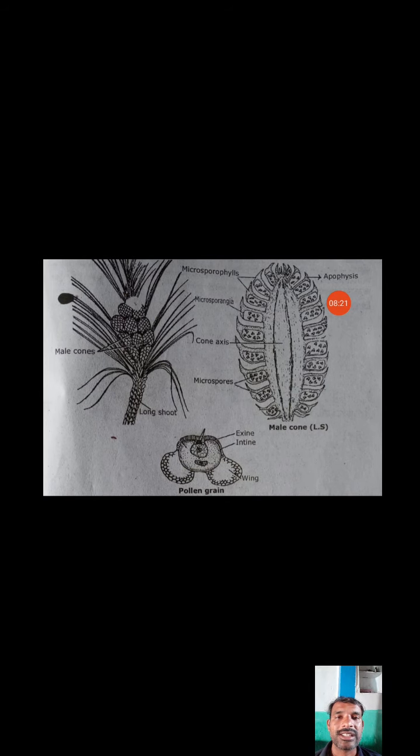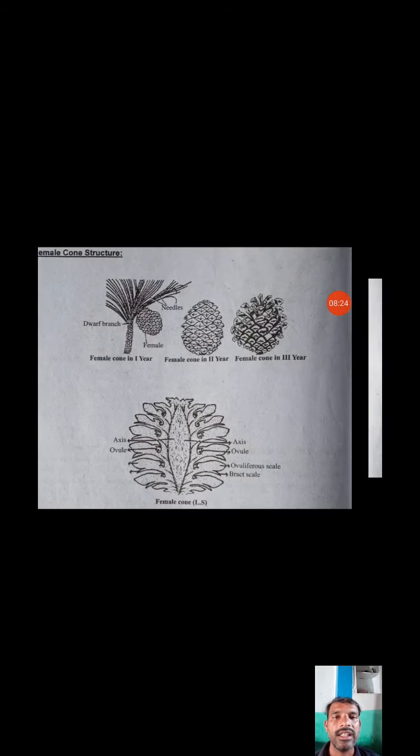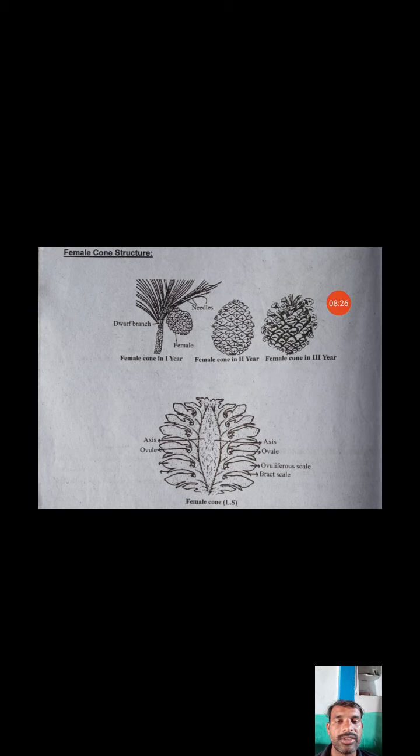Now, I am going to discuss the female gametophyte. See, the female cone structure has similar character to the flower in angiosperms. In pine, the female cone is also called the ovuliferous cone. They grow in the axis of the scale leaves on the long shoot, either single or two or three in a cluster.